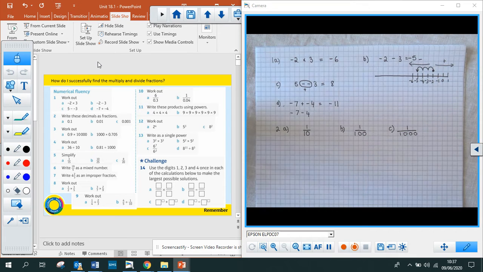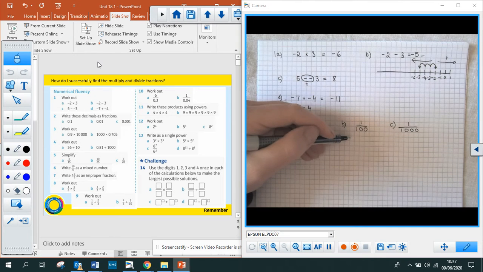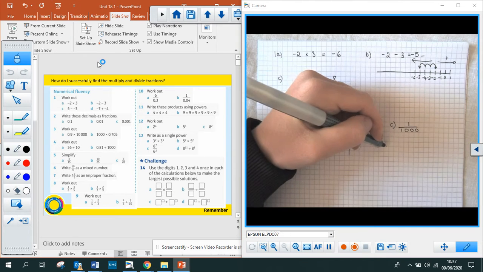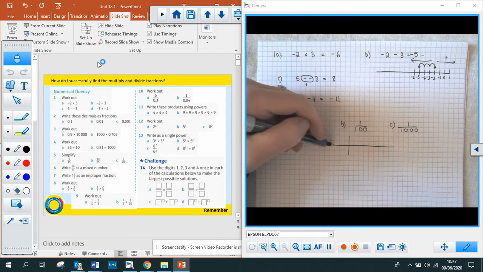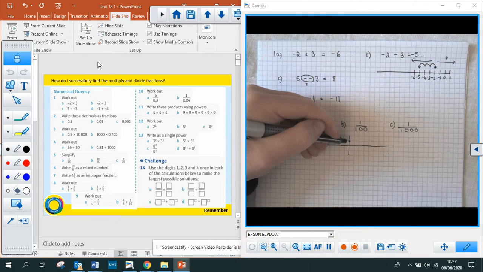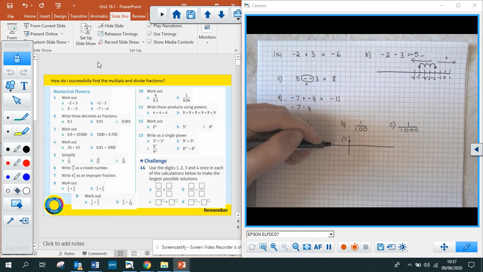If you struggle with those, I like to try and think of the place value table. If you were thinking about your place value and your columns, that's your decimal point. There's your ones, tens, hundreds, and so on. They're all positive.